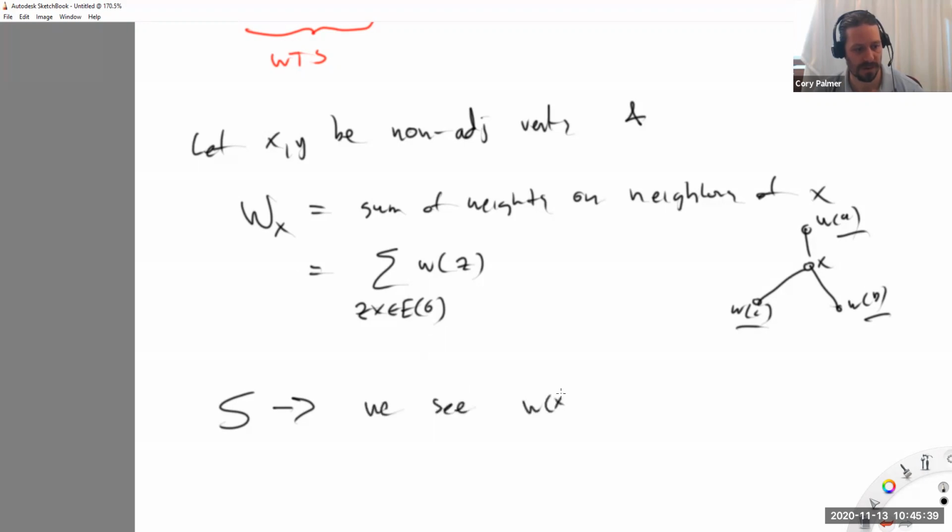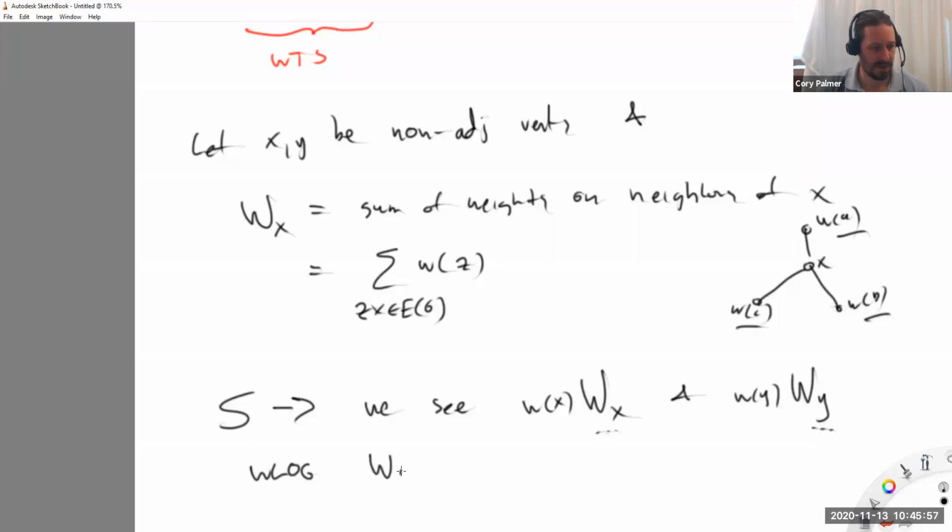We see Wx times big Wx and Wy times big Wy. Those appear when you combine up all the like terms, right? All the things multiplied by Wx is literally this, and all the things multiplied by Wy is literally this. Now, without loss of generality, we can say that big Wx is greater than or equal to big Wy. They're just two quantities. One of them is bigger, or at least as large as the other one.